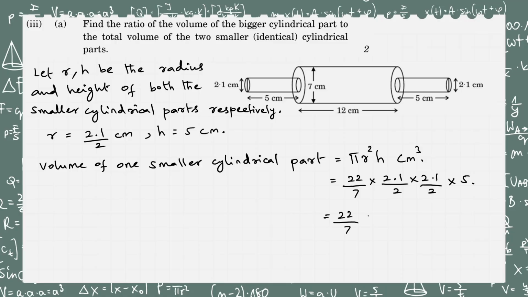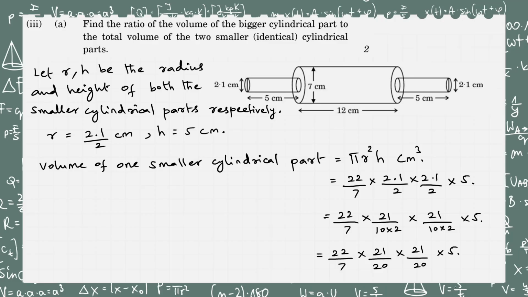22 by 7 into 21 by 10. 2 is already there in the denominator, so this will be 21 by 10 into 2, and the same way for the next one, 10 into 2 into 5. So this can be written as 22 by 7 into 21 by 20 into 21 by 20 into 5.